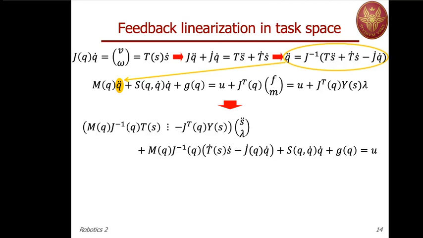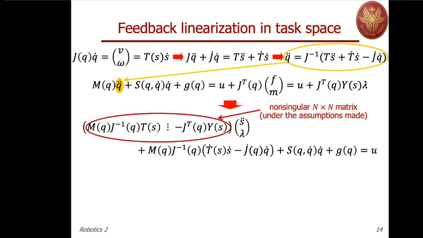So there's one basic consideration here that needs some comment. This matrix, which I called the inertia matrix in the task space, the hybrid inertia matrix, because you can see that there are inertial quantities on the first set of columns and non-inertial quantities in the second set of columns.